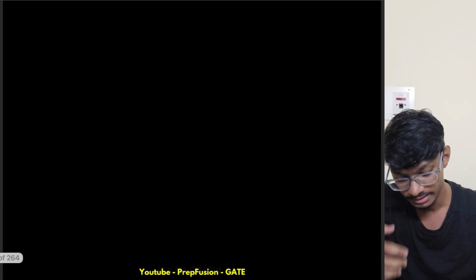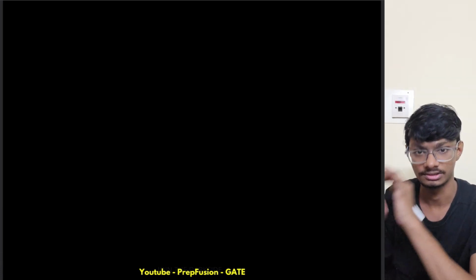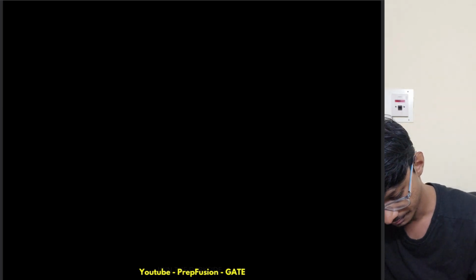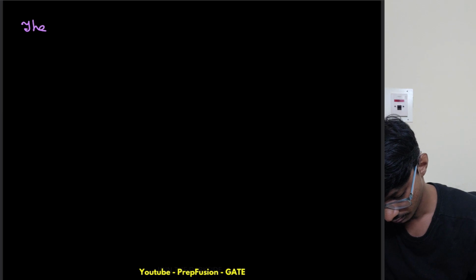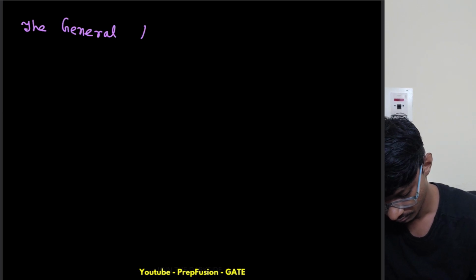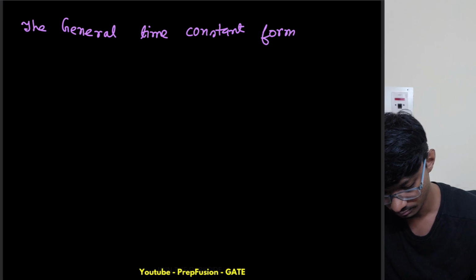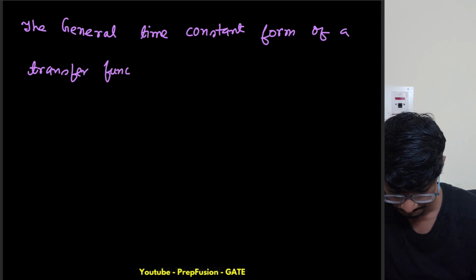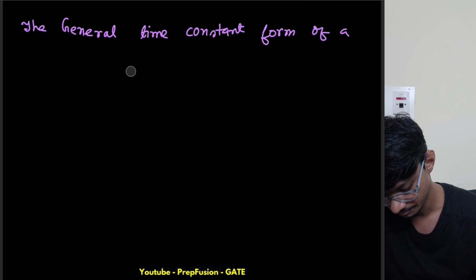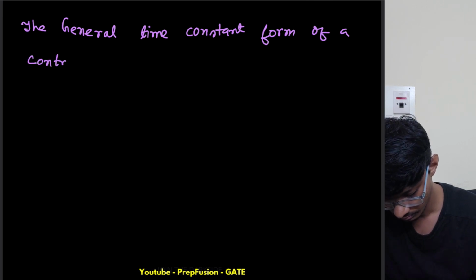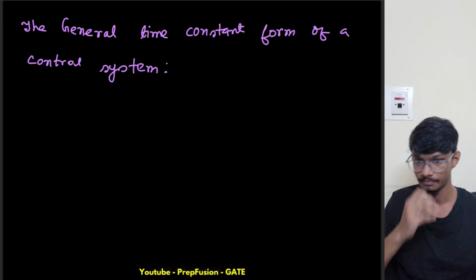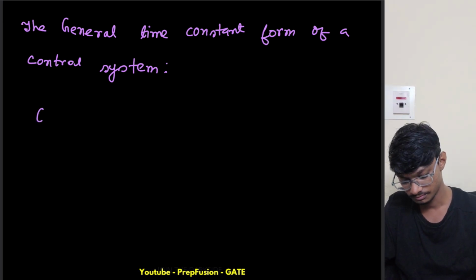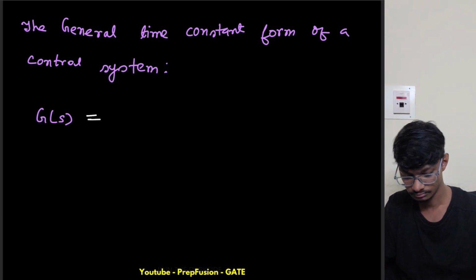So now I will write the general time constant form of a control system, or of a transfer function. Okay, so what is the G of s?